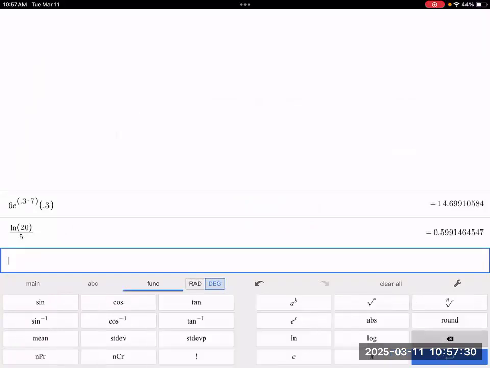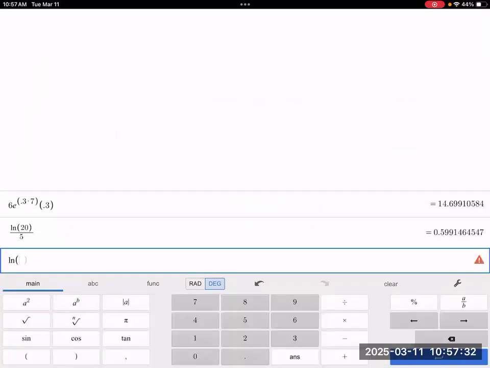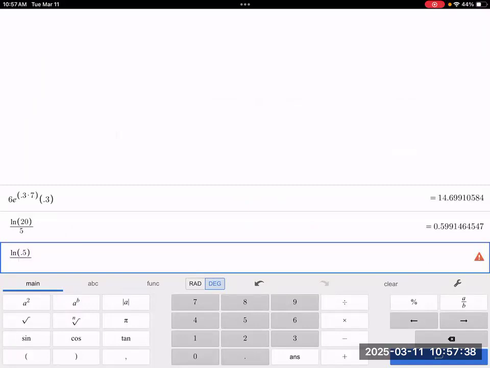So you have your function, ln. We said we have 0.5 here inside, and we're trying to divide by negative 0.0244, I believe. Yes. So about 28.4.